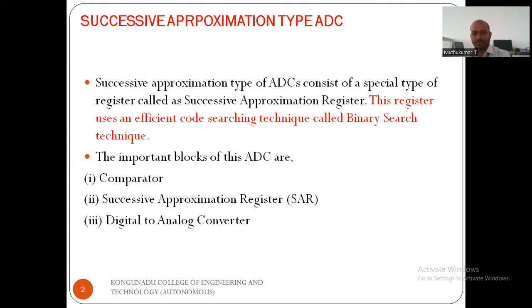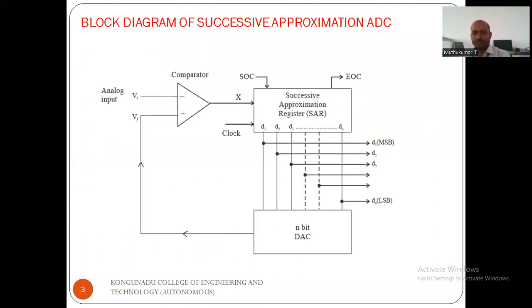The important parts are the comparator, the successive approximation register, and the DAC. The analog input VA is given to the negative terminal of the comparator, and the output of the DAC is given as the feedback signal to the positive terminal of the comparator. The comparator provides the output X. If the input value is greater than VF, the output is 0, and if the input is less than VF, the output is 1.